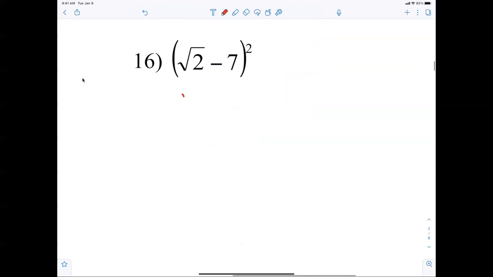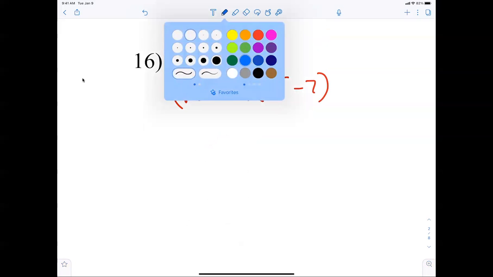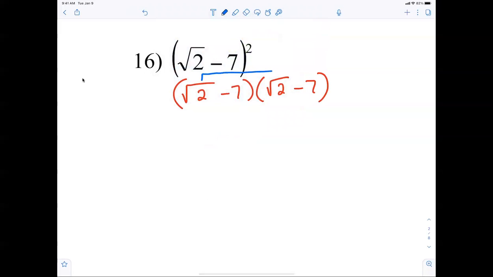16. So now we're going with radical 2 times radical 2. First smiley face here. Minus 7 radical 2. Second smiley face.